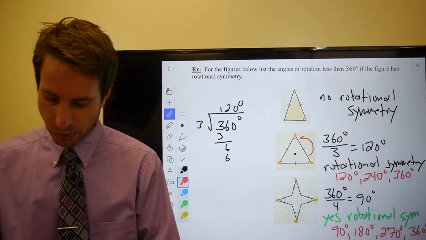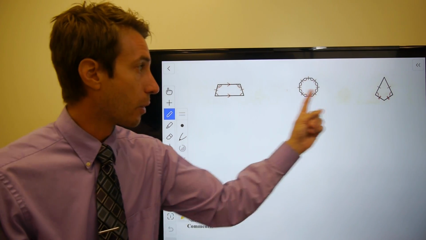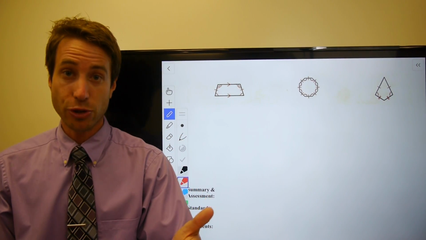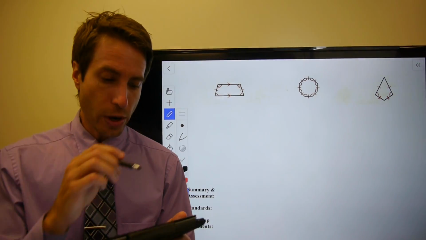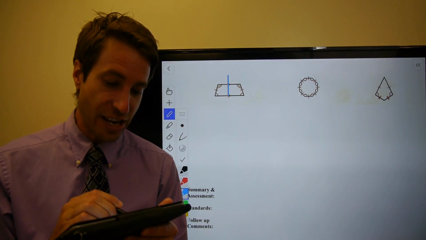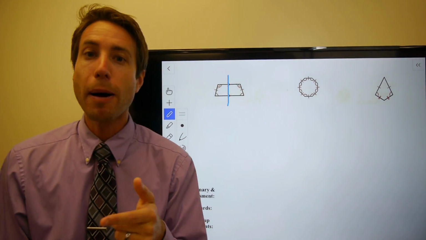All right, here we go. Last thing we're going to do, just again to really drive this stuff home, I want to know for the following objects, does it have line symmetry? Does it have rotational symmetry? Here we go. I take a look at the first one. Oh, I recognize this from the first page. I know that I have line symmetry right there that'll fold itself over. What about rotational symmetry?